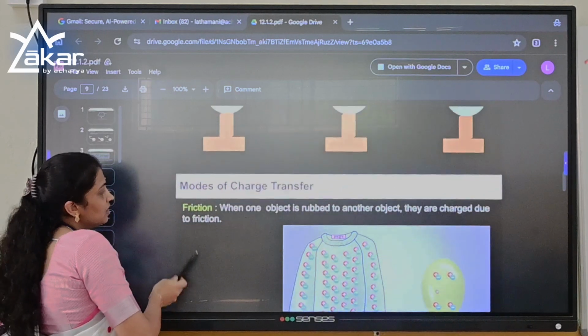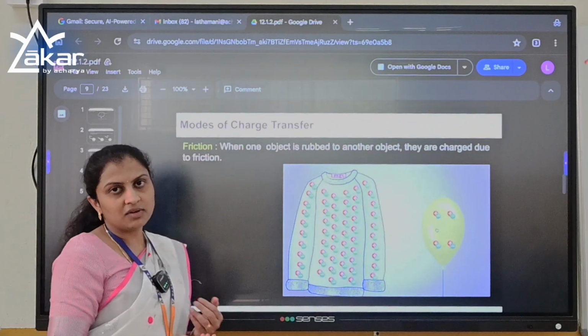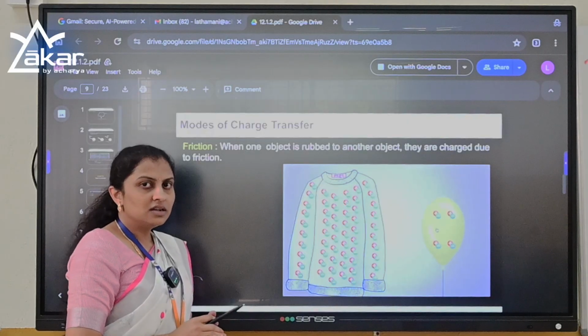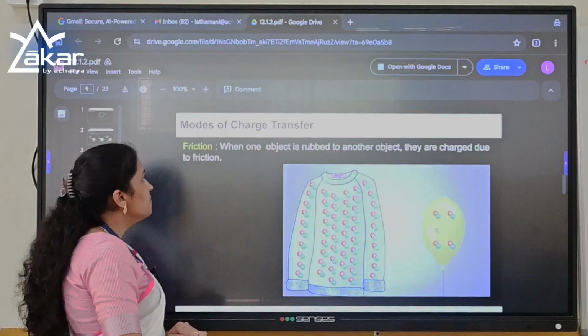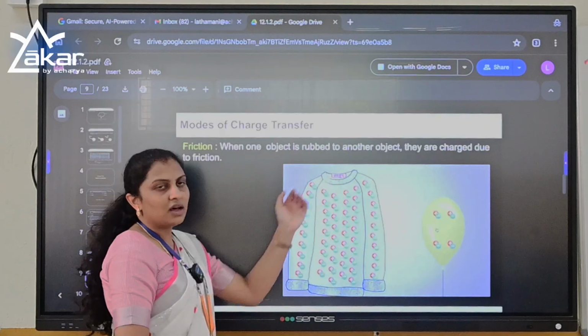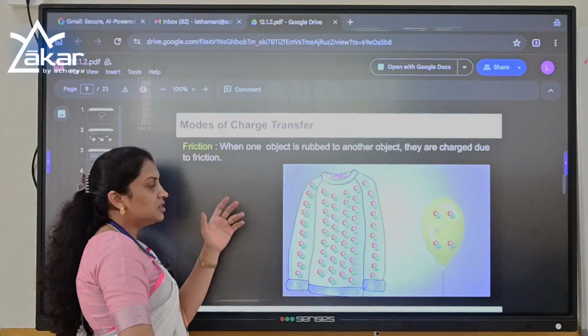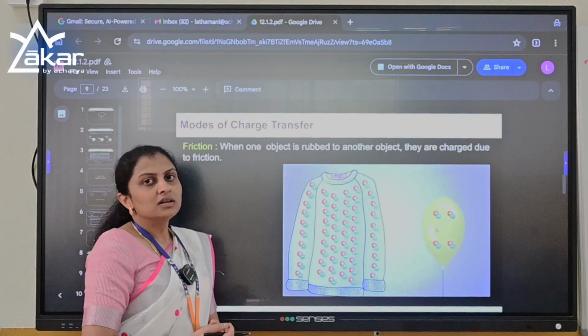Next, by friction. Friction means you take one charged body and one uncharged body, rub both of them, then the charges can transfer from one body to the other body. So when one object is rubbed against the other object, they get charged, due to the friction. You can take the example of a glass rod with a silk cloth.